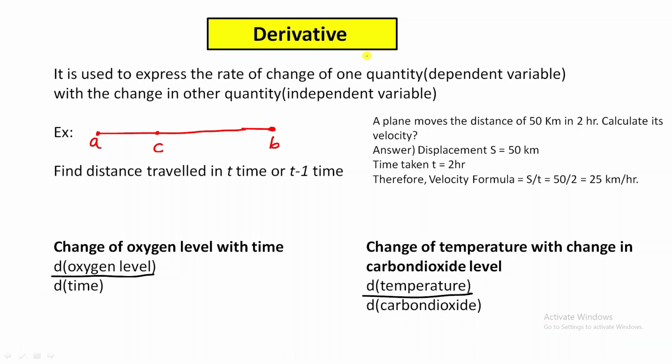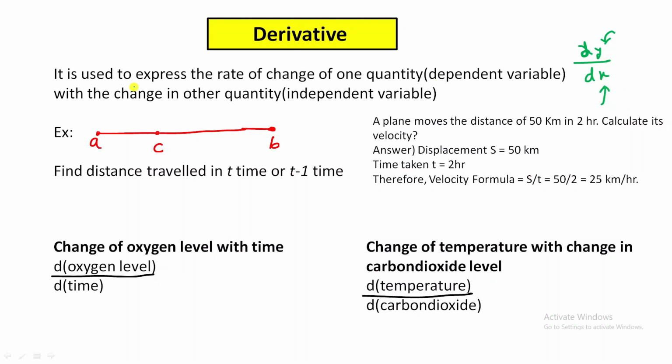Let's first understand what we mean by derivative. In your +1 and +2 classes you must have seen that we can write dy upon dx, where x is an independent variable and y is a dependent variable. That means y changes as x changes.